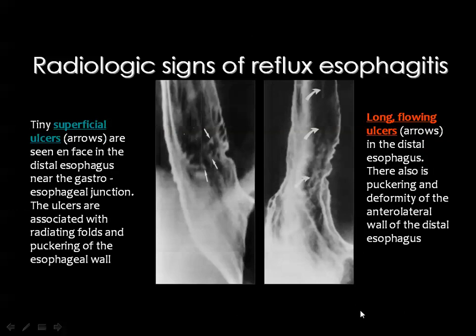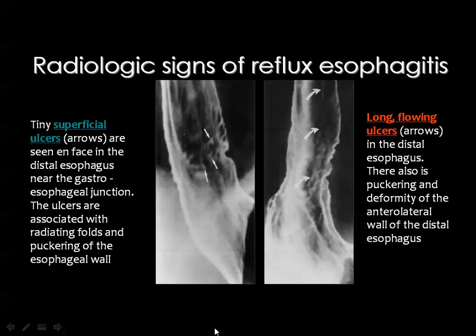And after that, they will develop some superficial ulcerations where some buckets of barium can be seen within the esophageal wall. And later on, these ulcers will be long and irregular. As you can see, they look like flowing material, or flowing wax, like this.